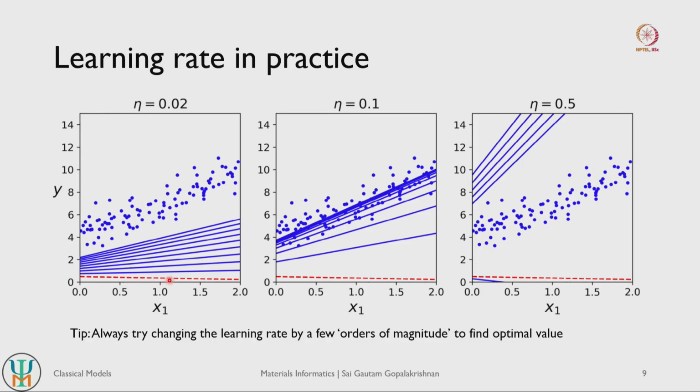So your model is trying to fit with a very low learning rate. 0.02 can be a very low learning rate for linear regression. If you have low learning rates, your theta will also get updated very slowly. So even after you complete, let's say 10 steps, you are nowhere close to the optimal fit. The optimal fit is somewhere here, the line should be here, but you are nowhere close to your data points. So even after about 10 iterations, you have not reached your optimal model.